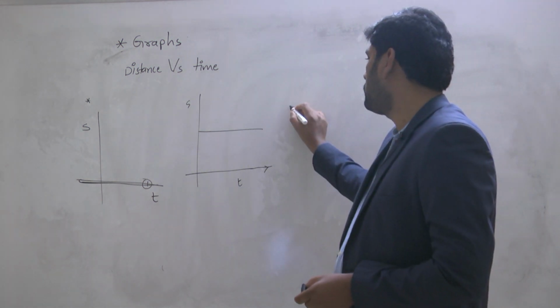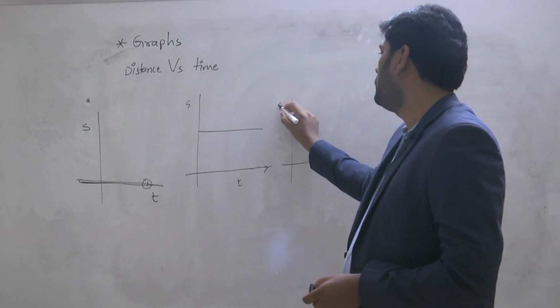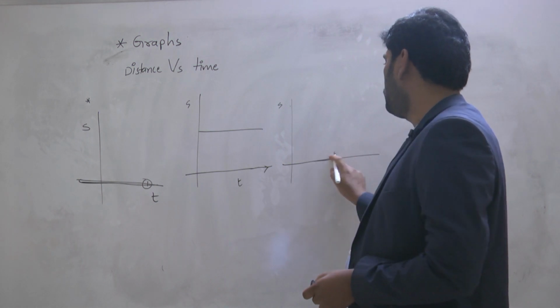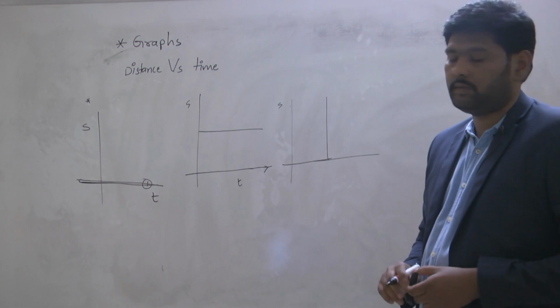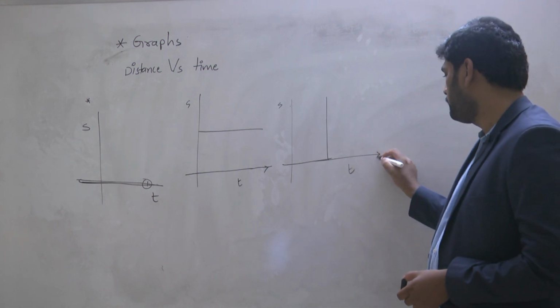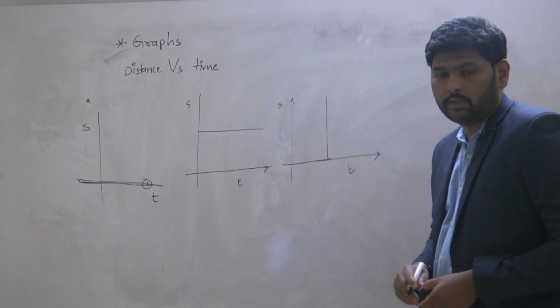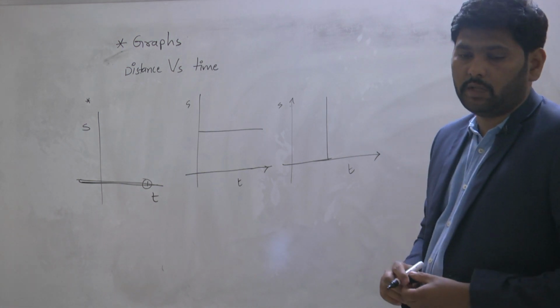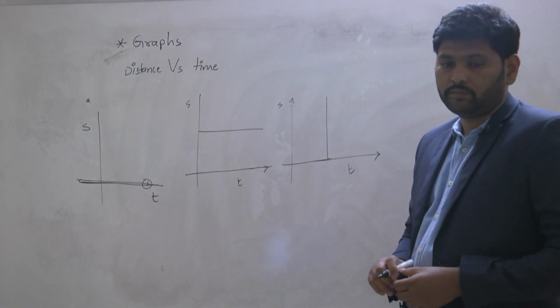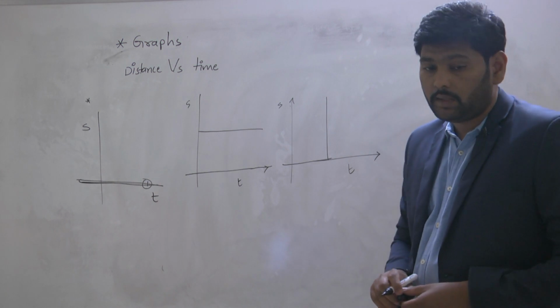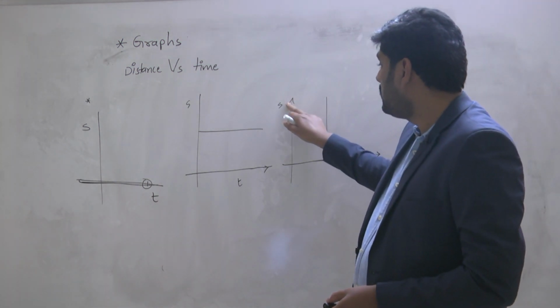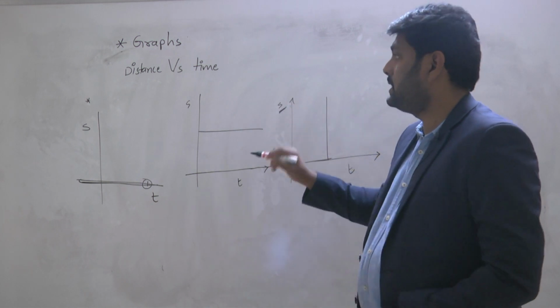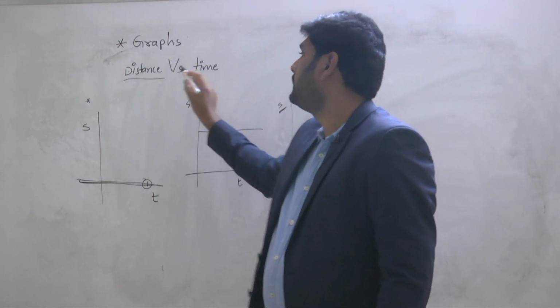Same way, one more graph between distance and time. This is time, this is distance. It is parallel to the distance axis.